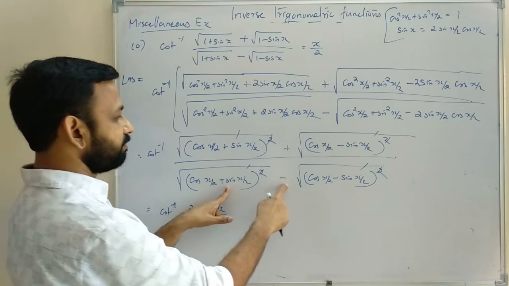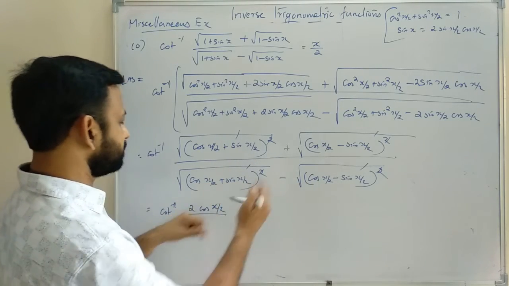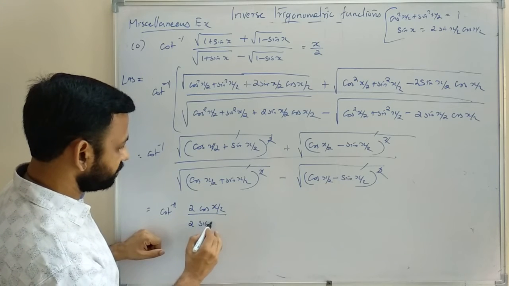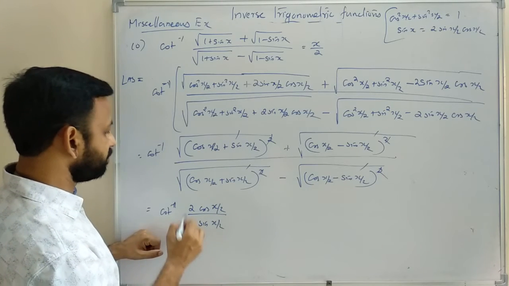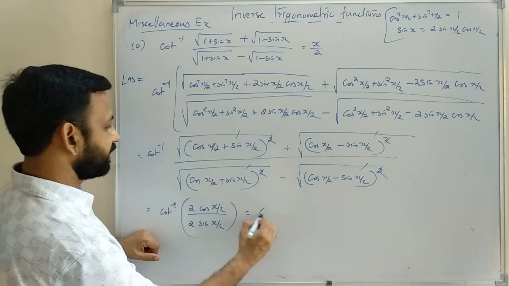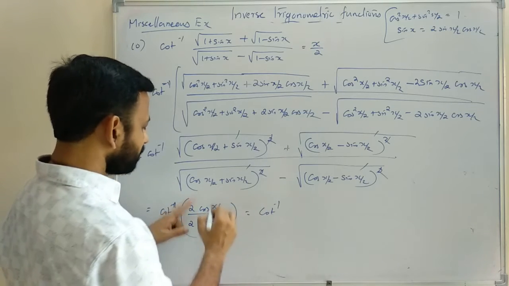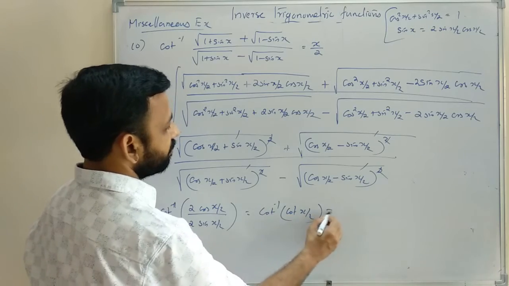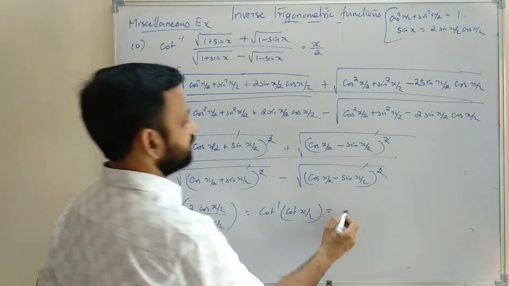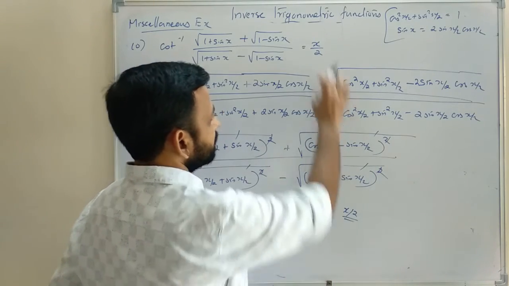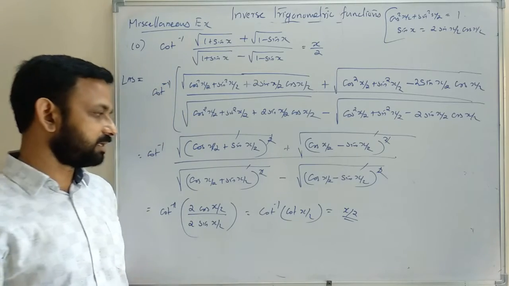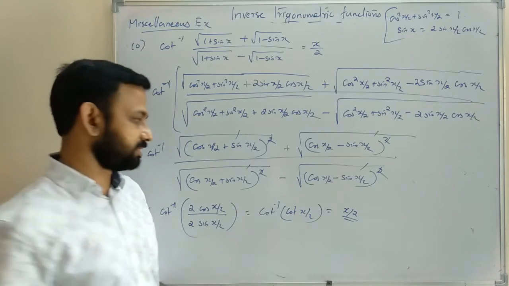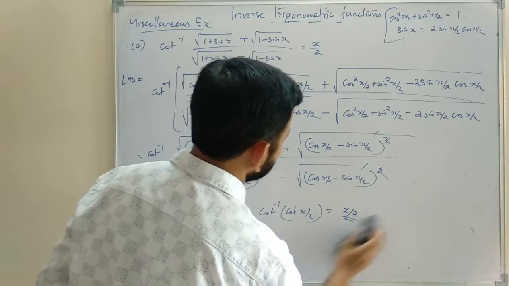Then sin x by 2 plus sin x by 2, that is 2 sin x by 2. So 2 and 2 cancelled. So we will get cot inverse cos x by 2 by sin x by 2, that is cot x by 2. So cot inverse cot x by 2 is x by 2. So we got the result: cot inverse cot x by 2 is equal to x by 2.